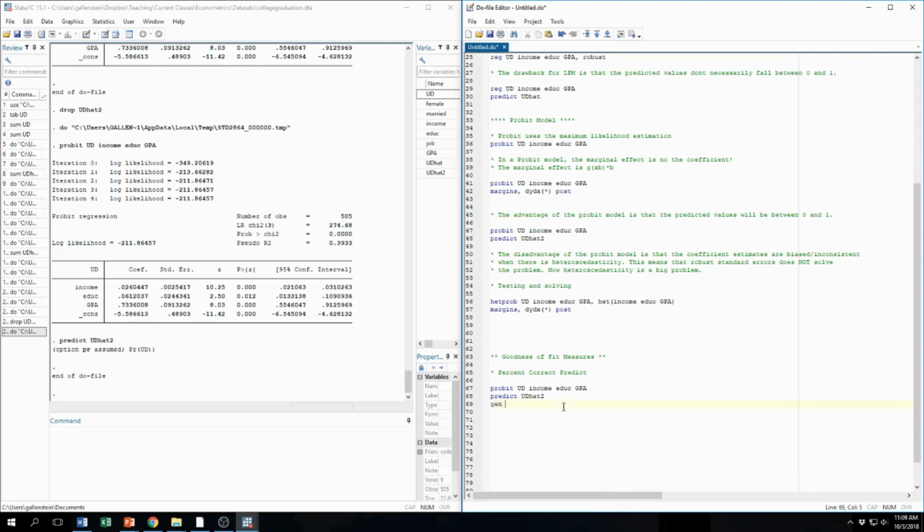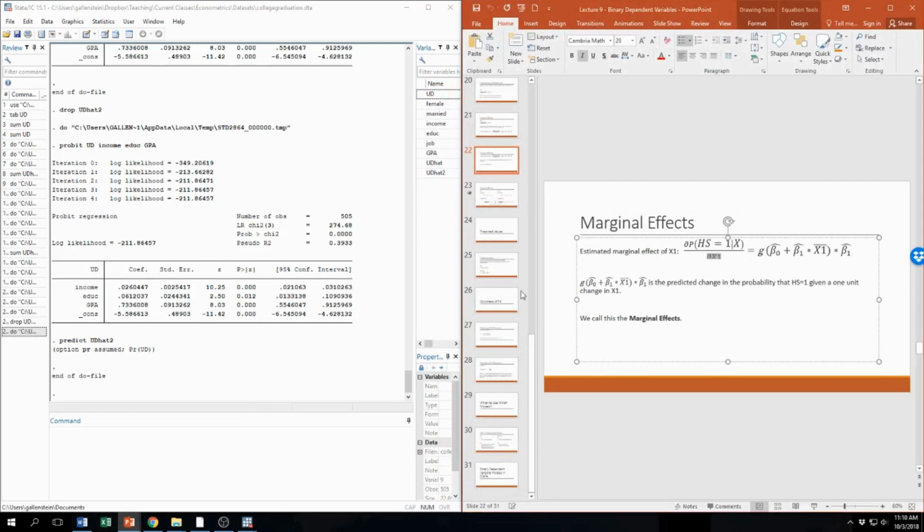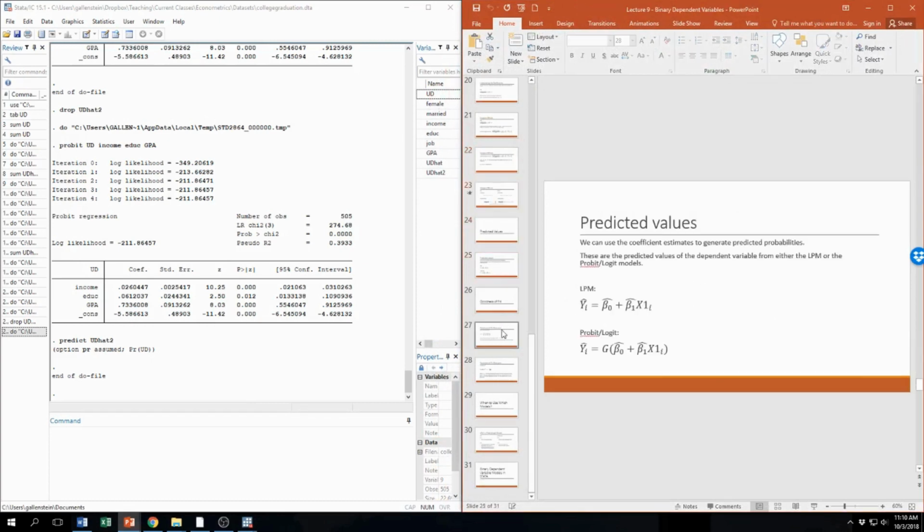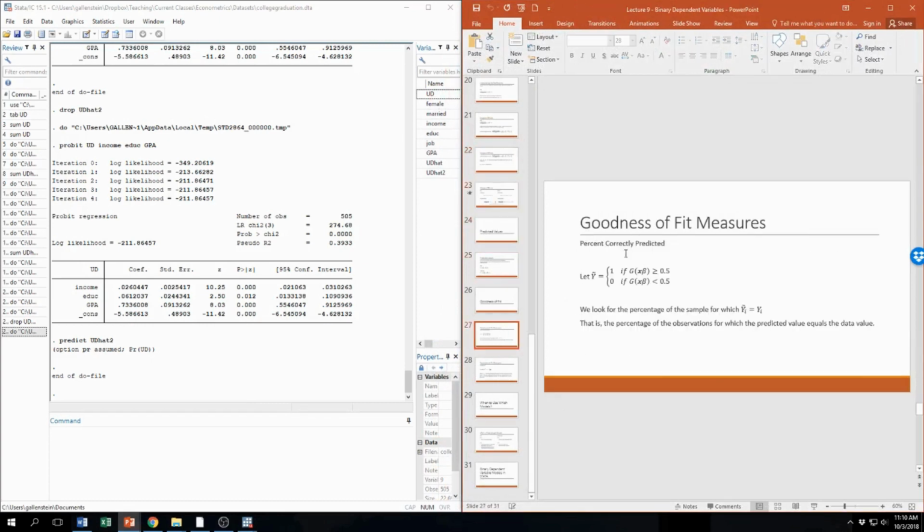Now I'm going to generate a new variable, remember my y squiggle, u d squiggle. Just to remind you what I'm doing here, let's go back to the lecture. I'm doing a goodness of fit measurement of percent correctly predicted.